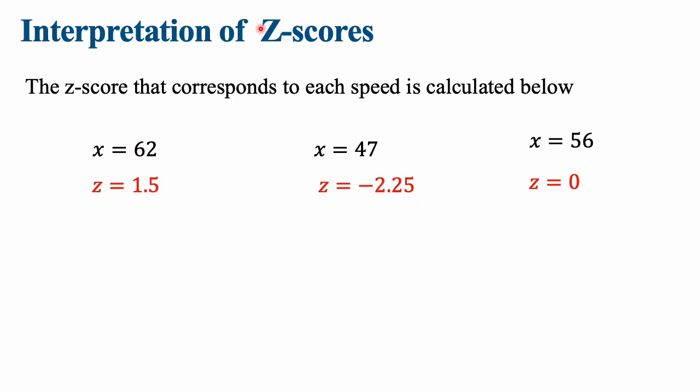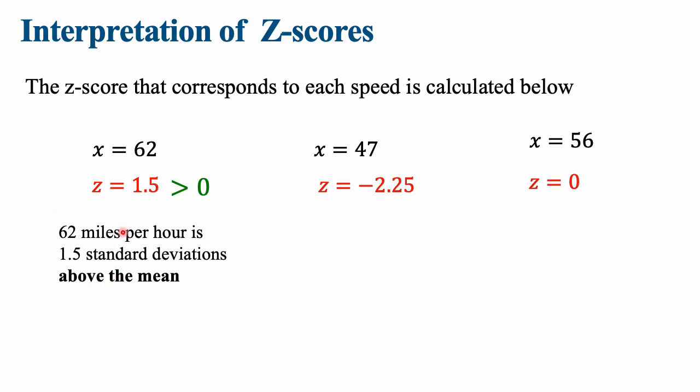So how do we interpret the z-score? X is 62, z equals 1.5. X is 47, z-score is negative 2.25. X is 56, z equals 0. The first one, z value is positive, which means 62 miles per hour is 1.5 standard deviations above the mean.